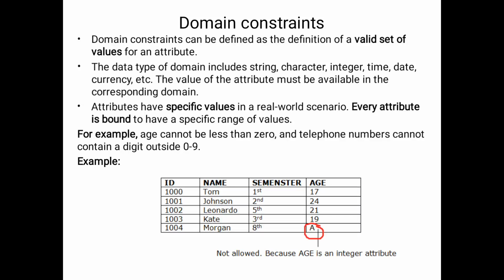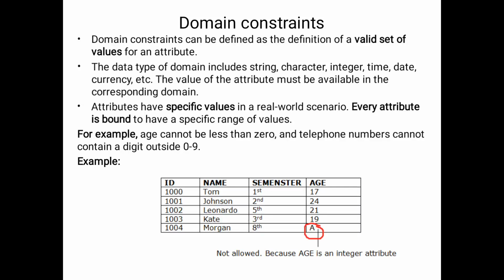If you want to write a digit, we can use only the numbers 0 to 9. Now see the example of the table. In the table we are declaring the column names, which are attributes, as id, name, semester, and age.